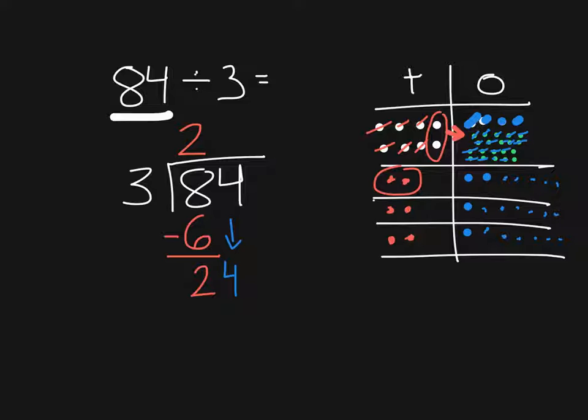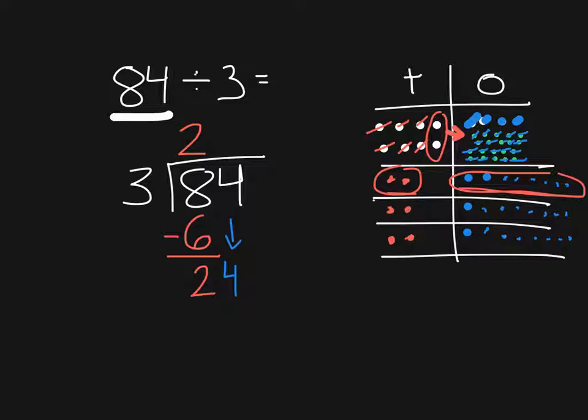I still have 3 left. I have enough to make one more round. And if I count these up, I see that I have 1, 2, 3, 4, 5, 6, 7, 8 in each of my groups. So 84 divided by 3, the final answer is 2 tens, 8 ones.